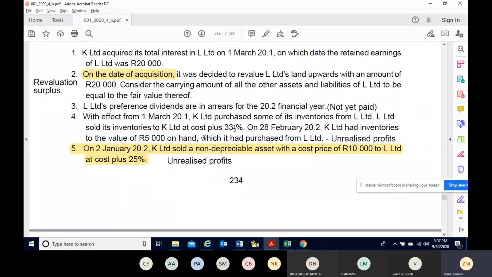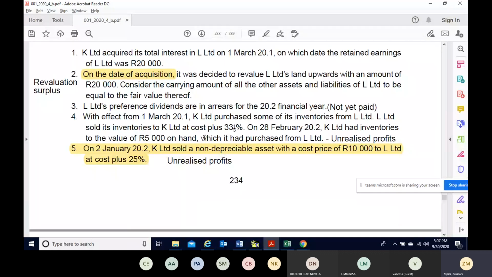So for inventory, in terms of cost-plus pricing, when you take out the costing that has been added on the cost price to make the selling price, you always have to remove it by saying 33 and a third divided by 133 and a third.